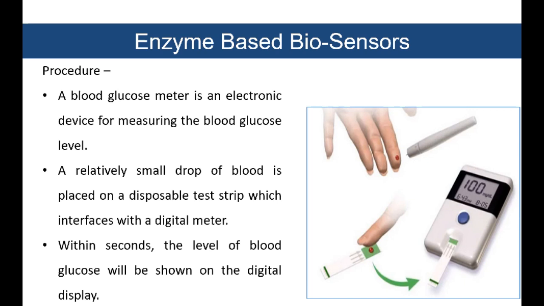A relatively small drop of blood is placed on a disposable test strip which interfaces with a digital meter. Within seconds, the level of blood glucose will be shown on a digital display. That is how we use the digital blood glucose meter nowadays.